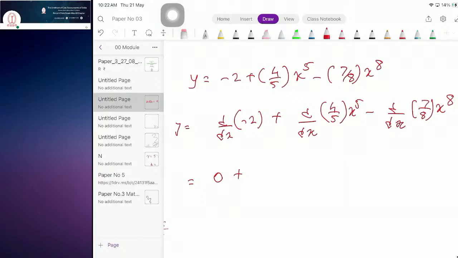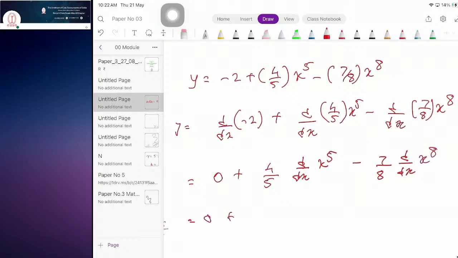Plus, 4/5 is a constant, so that constant term comes out, giving d/dx of x^5 minus 7/8, again a constant term, and d/dx of x^8.